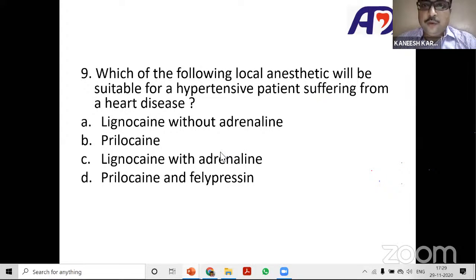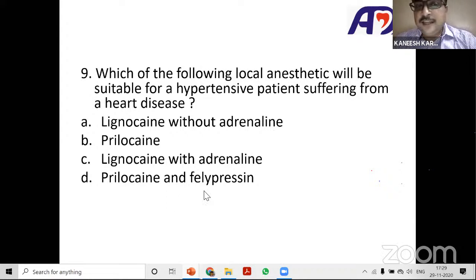Which of the following local anesthetics will be suitable for a hypertensive patient suffering from a heart disease? Yeah, I thought so. Most practitioners will think it is lignocaine without adrenaline because that is what we've been giving, no?